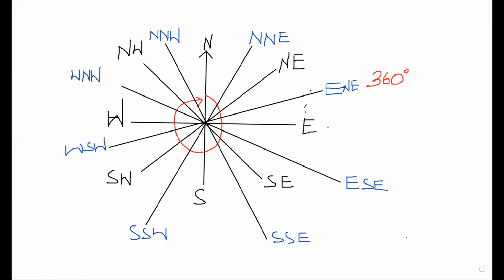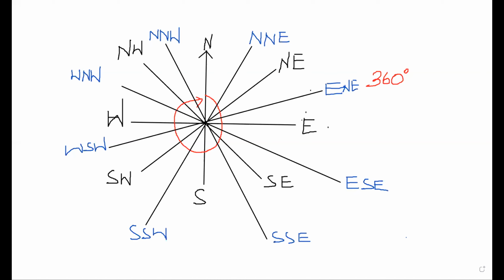Now we are looking at the turns. We've seen the 360 turn. If someone is turning from north up to east, this person has moved quarter way, which is described as a quarter turn.